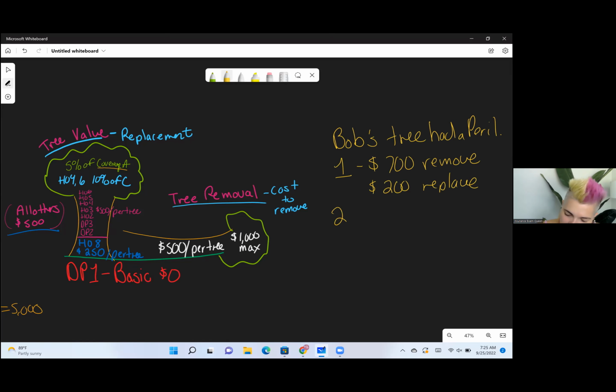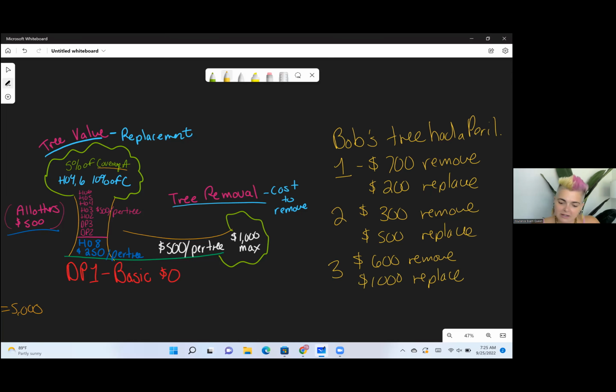And then they'll say tree 2 was $300 to remove, and it was $500 to replace. And then they'll say tree 3 was $600 to remove and $1,000 to replace.